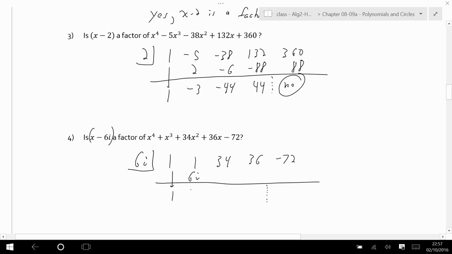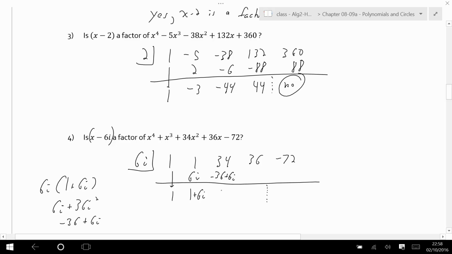Okay, now we got to do 1 plus 6i. And now we're going to multiply 6i times 1 plus 6i. If I do 6i times 1 plus 6i, I get 6i plus 36i squared, which is negative 36 plus 6i. So then I got negative 36 plus 6i.